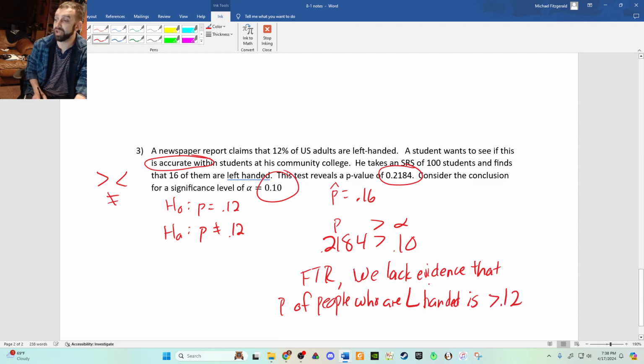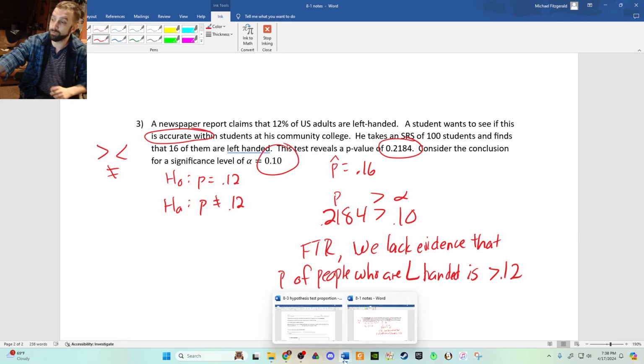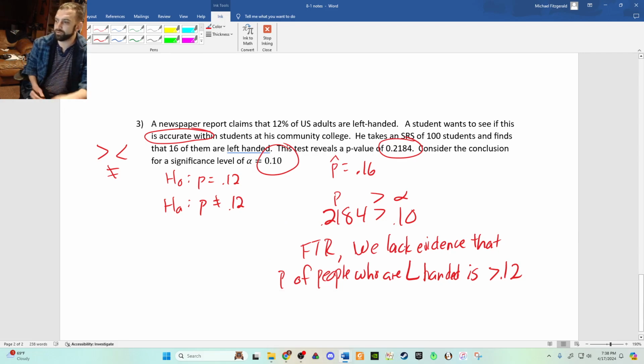I'm saying we don't have sufficient evidence for this claim. These are the kind of conclusions that we'd have. If this value was lower, we'd reject it, meaning we do have evidence that it's different.